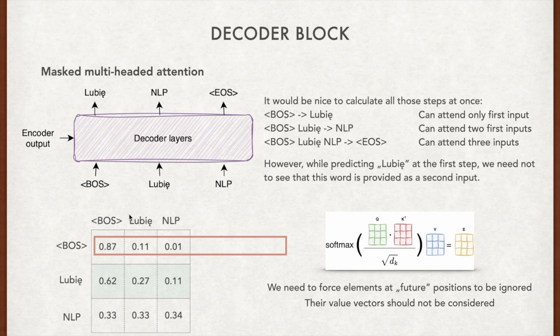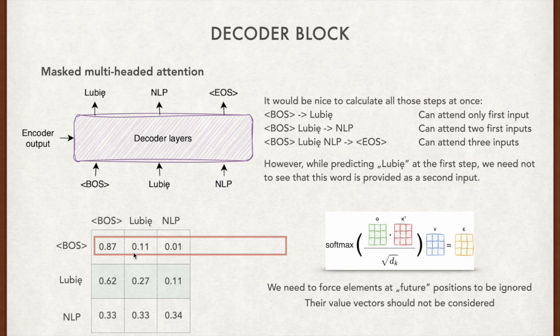However, if we see the whole sequence, we see what is the next expected token in that sequence. That's really bad because this is cheating. Instead of learning what the next token should be, we simply have it provided. We see that after the word begin of sequence, there is the word lubię. We need to prevent such a case.